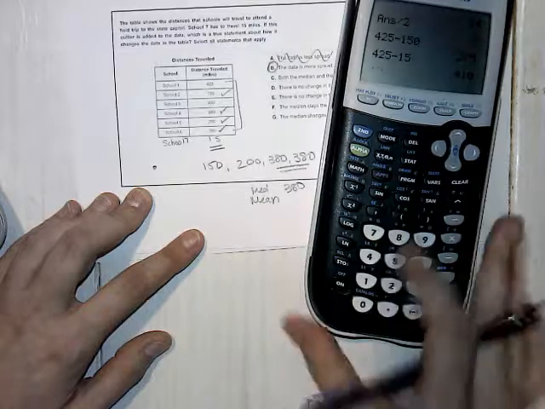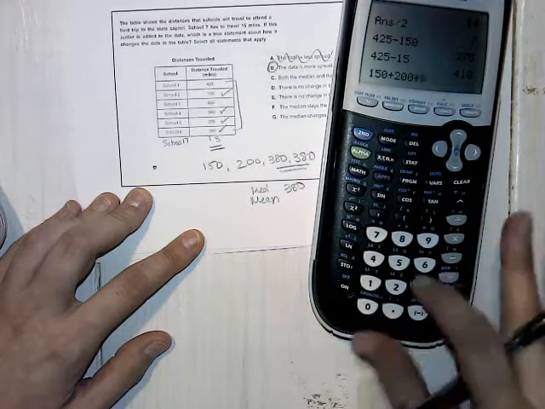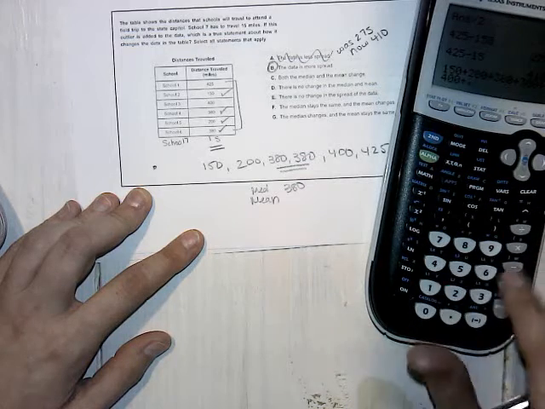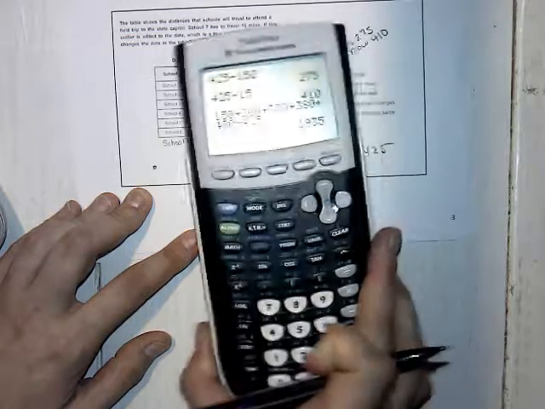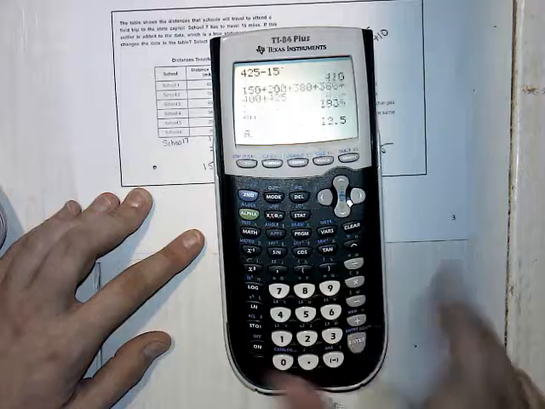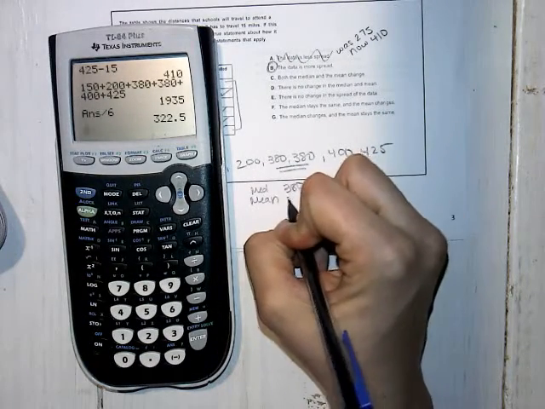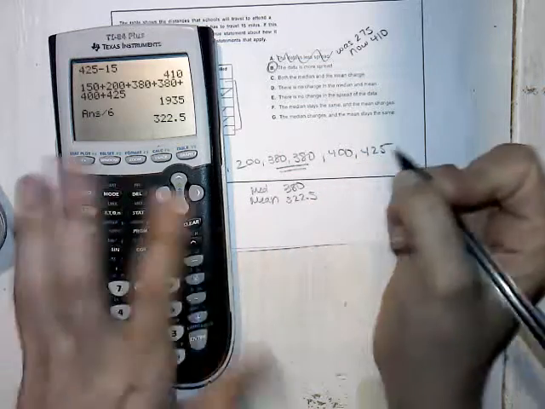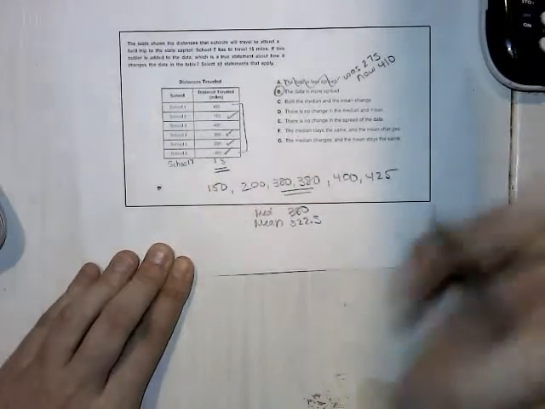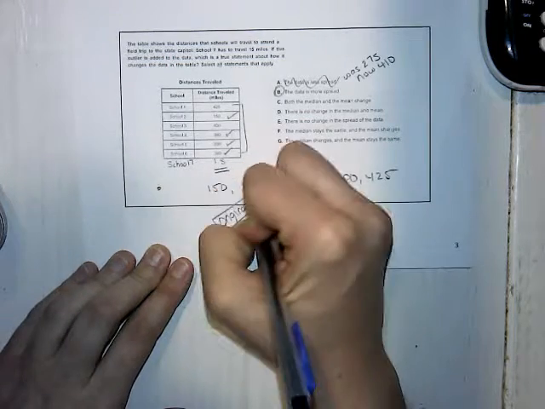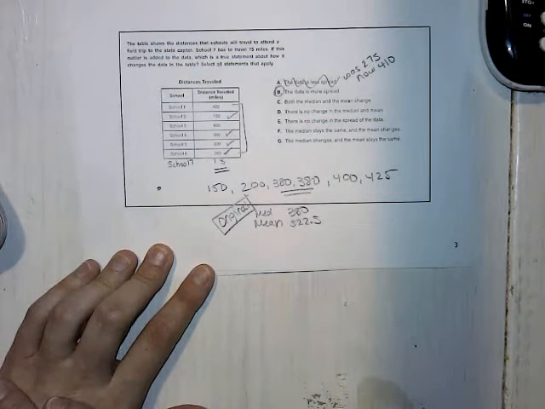So mean is 150 plus 200 plus 380 plus 380 plus 400 plus 425. So that's 1935, and we can divide that by 6. Our mean is 322.5. So this is the original data.